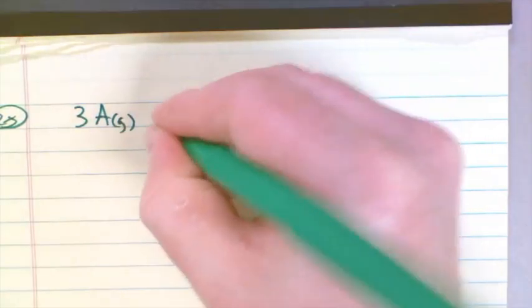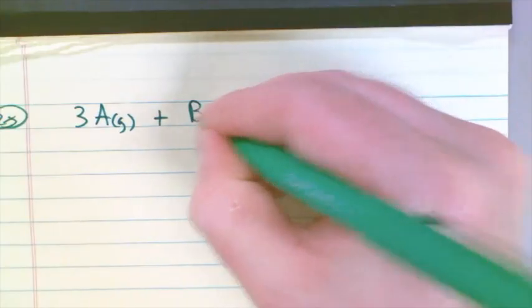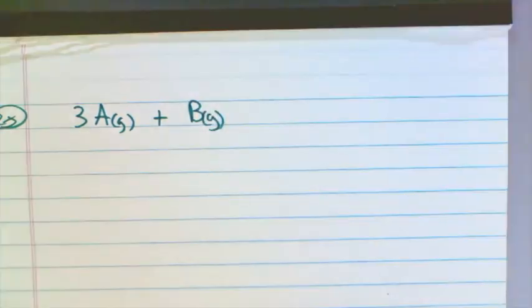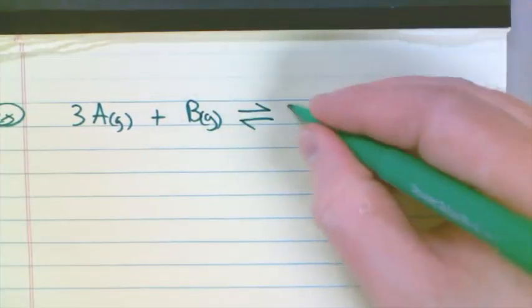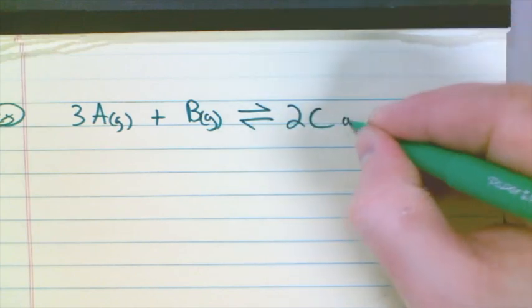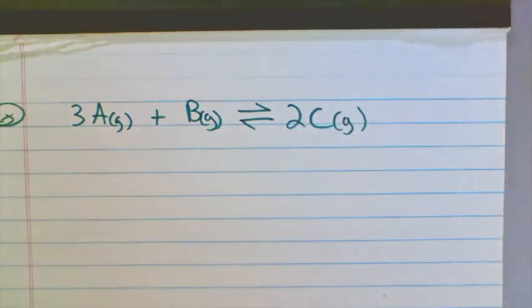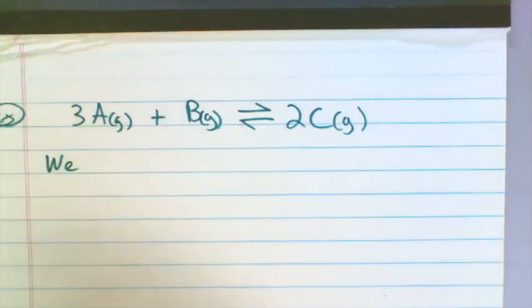We're going to take 3A and combine it with B to make 2C. It's all in the gas state too. If it's a solid, we just won't even include it. Consider it a 1 or don't even include it. So let me give you the scenario on this one.